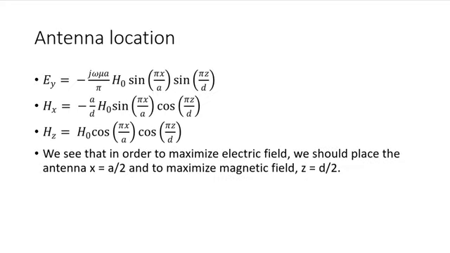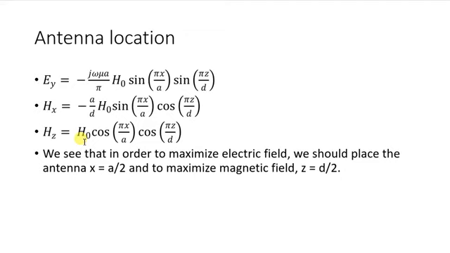Another theoretical aspect of this project is the antenna locations. We have to put the antenna where the electric and magnetic fields are the highest, and we saw that we should place the antenna in the middle in both length and width.